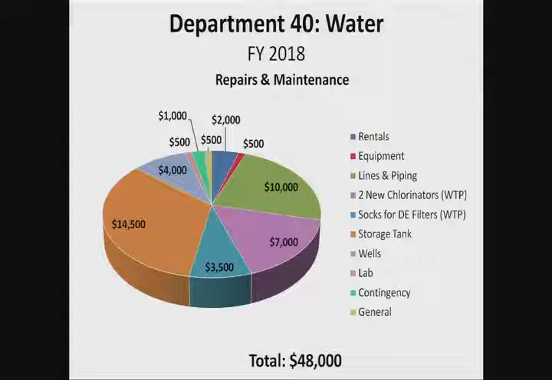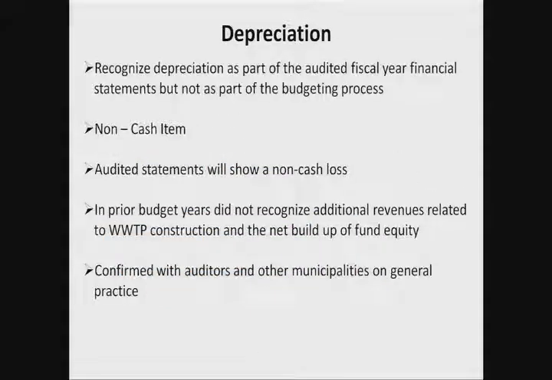In discussions with the town manager and the mayor, we wanted to recognize depreciation as part of the audited fiscal year financial statements, but not as part of the budgeting process. The reason that we would recommend that is that depreciation is a non-cash item. The audited statements would show a non-cash loss.